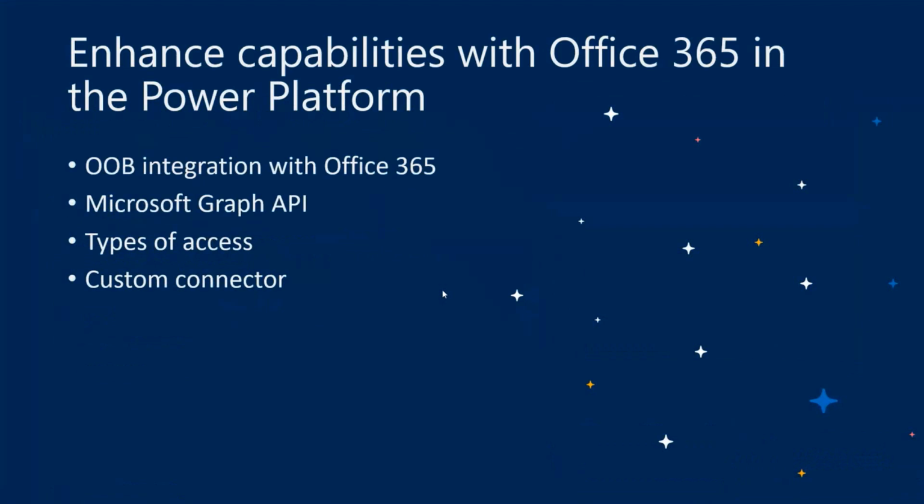So today I'm going to tell you about enhancing capabilities with Office 365 in the Power Platform. We are going to talk about the out-of-the-box integration of Office 365 with Power Apps, so we will see which actions and connectors we can use right now.